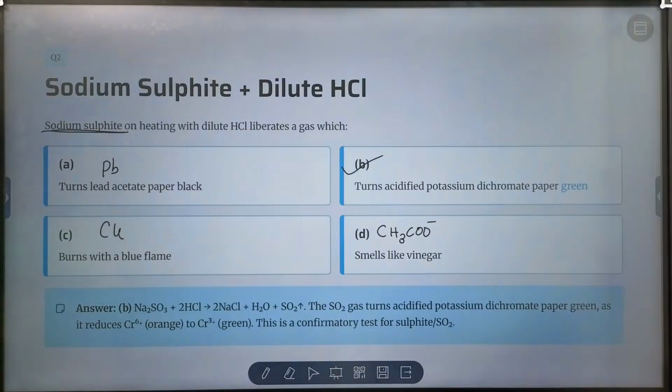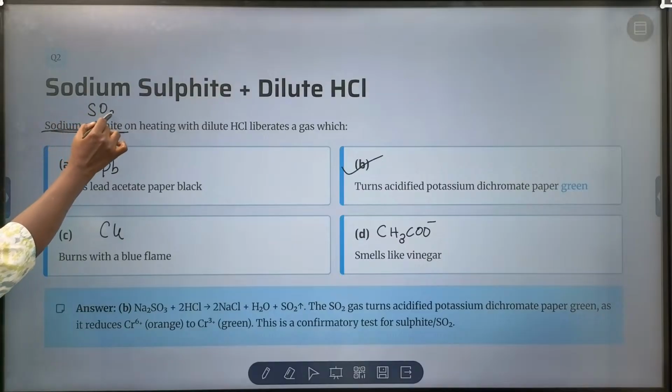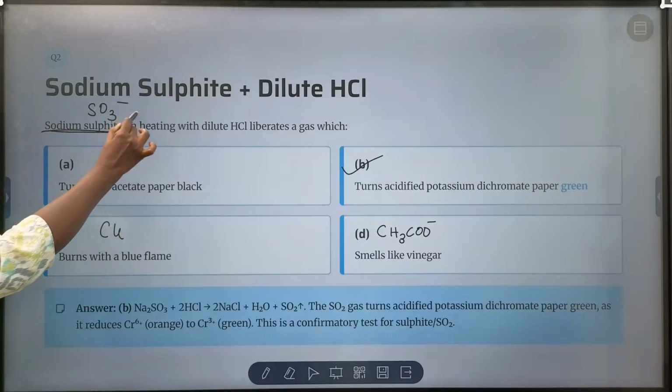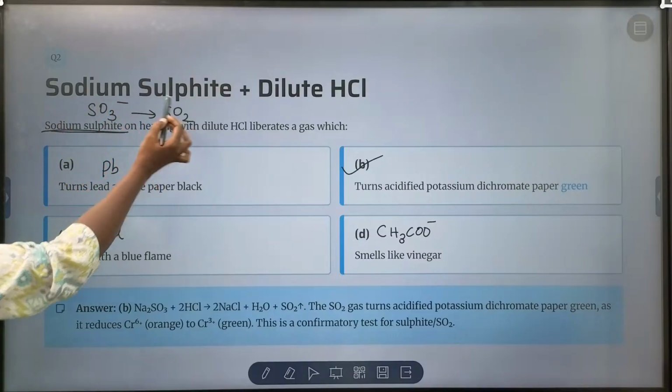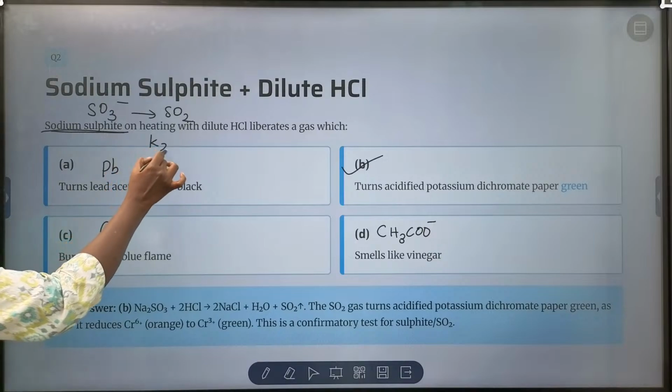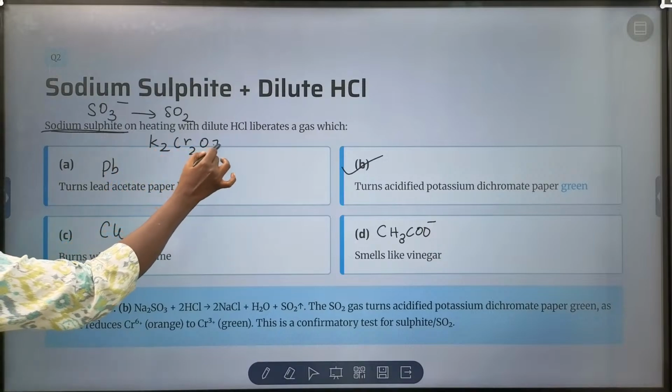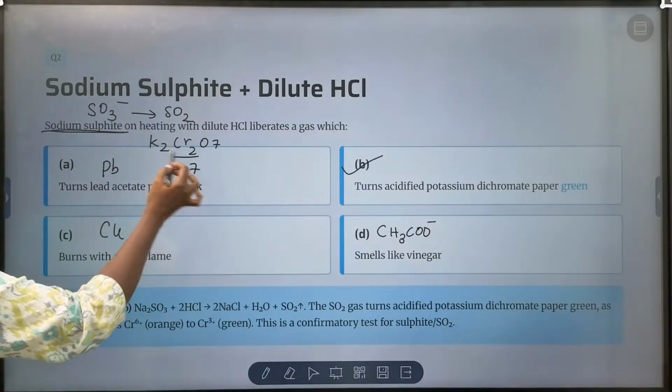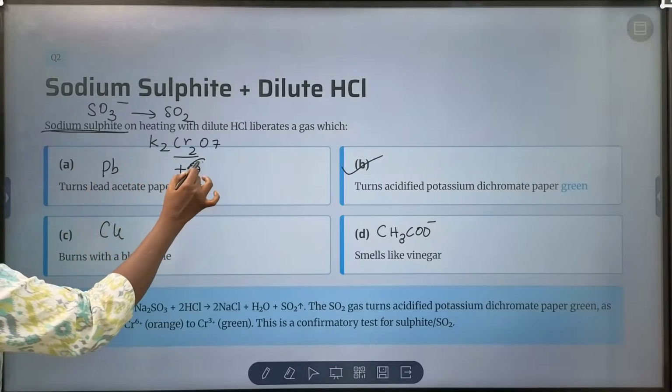So you have sulfite, right? So when this undergoes reaction, since it is sulfite, SO3 2 minus, obviously this liberates sulfur dioxide. And it turns potassium dichromate green. Potassium dichromate is K2Cr2O7, here the chromium is in plus 6 oxidation state.